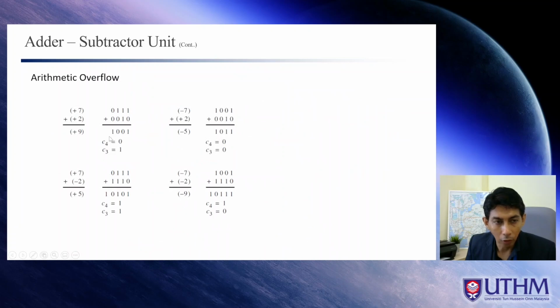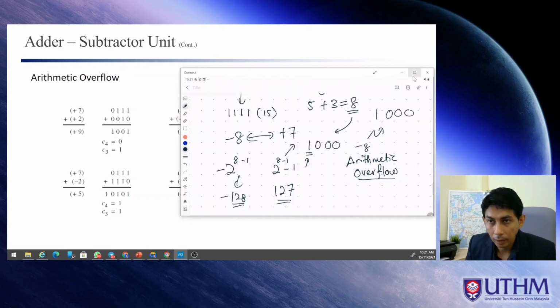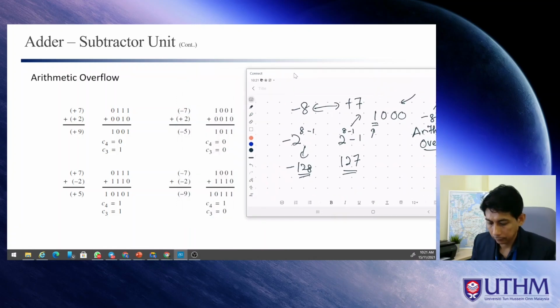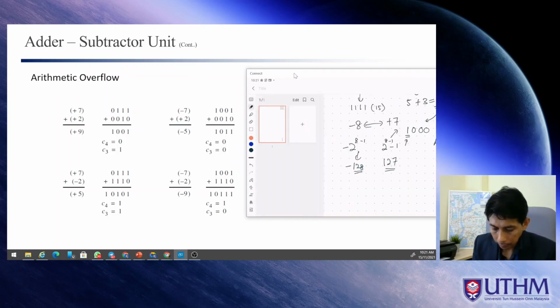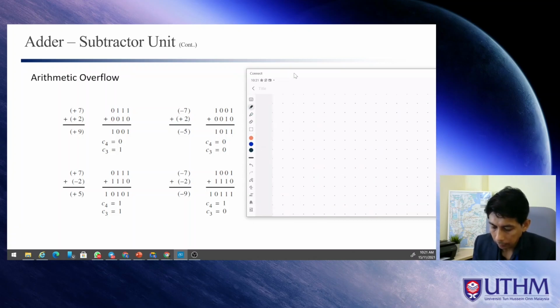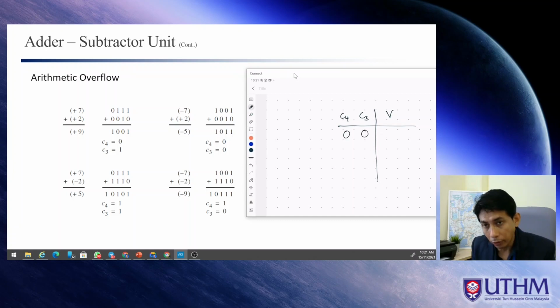First case, we have overflow. We can have something like this: we can have C4, we can have C3, and let's label the overflow as V. So C4 and C3 can have 4 possible combinations, because these are 2 bits.